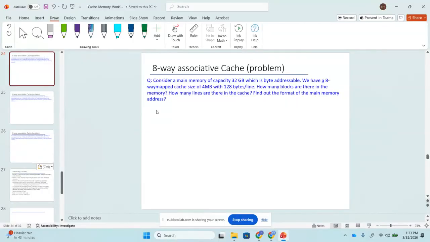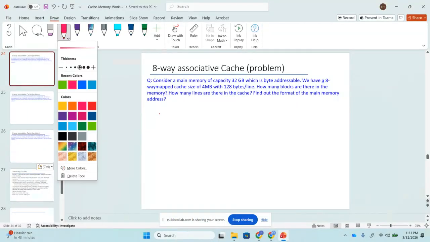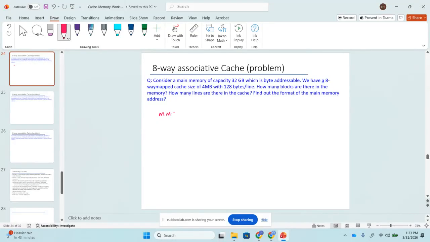First, what is my main memory size? It is 32 gigabyte, and this is actually 2 to the power A times 8, since it is byte addressable, we call it 8.